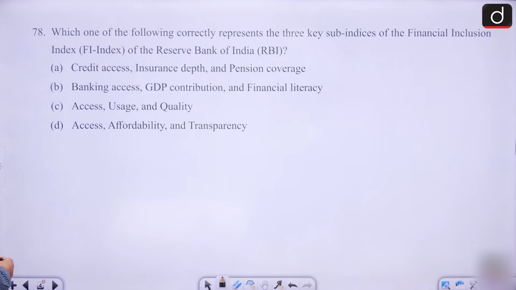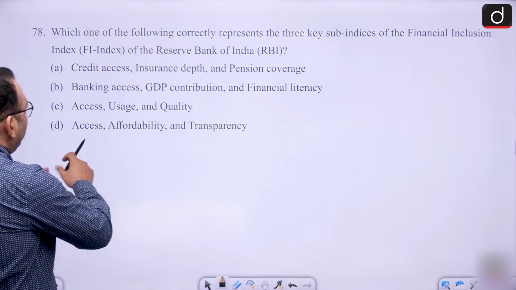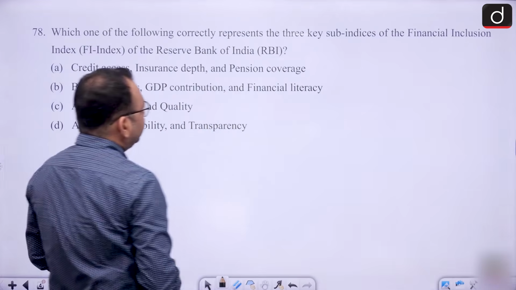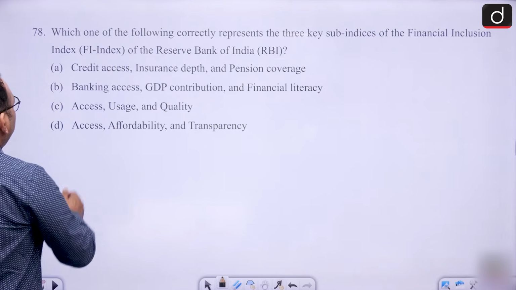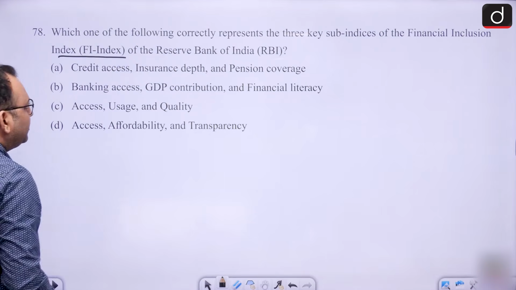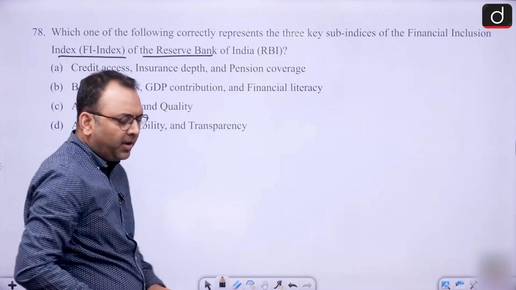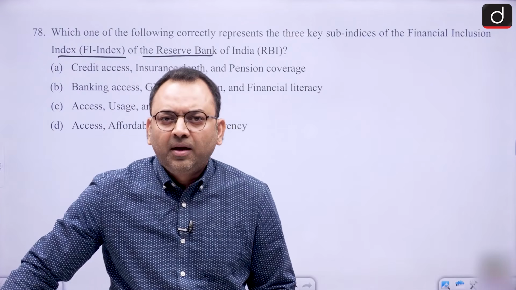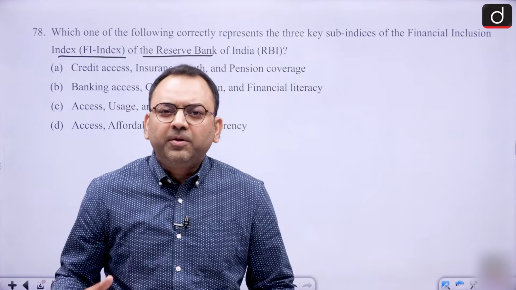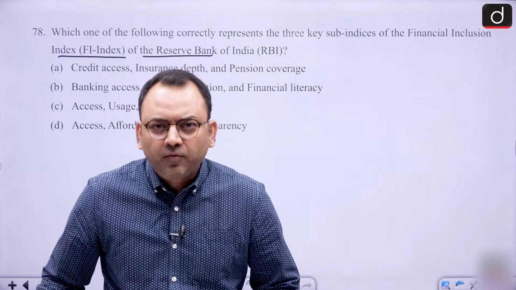The next question is: which one of the following correctly represents the three key sub-indices of the Financial Inclusion Index, FI Index, of the RBI. Friends, the first thing is what is financial inclusion? RBI wants people to come into the formal banking network.